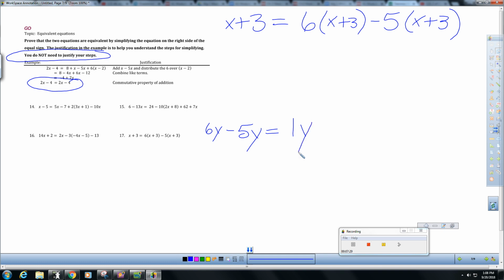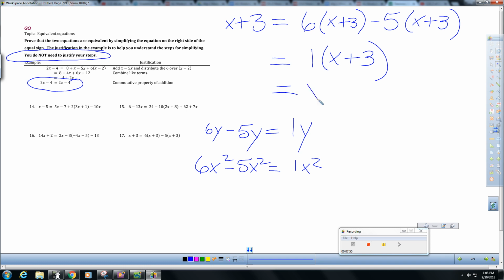It's 1y, okay? And what would 6x squared minus 5x squared be, Will? 1x squared. So, Will, in your estimation, what would 6 times x plus 3 minus 5 times x plus 3 be? X plus 3. Very good, Will. And 1 times x plus 3, Will, is? X plus 3. Wabam. Boom!